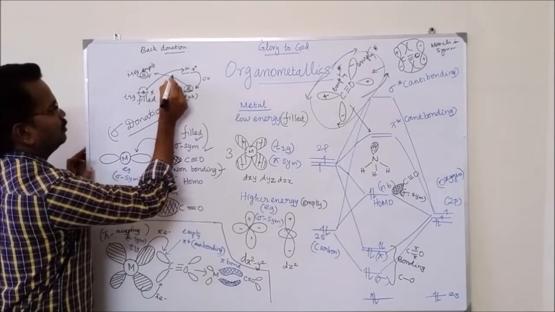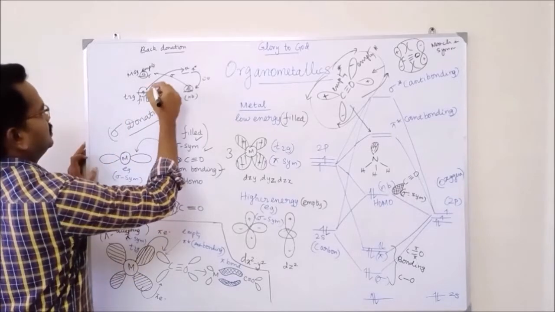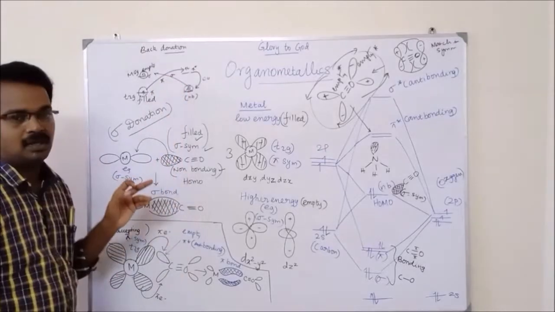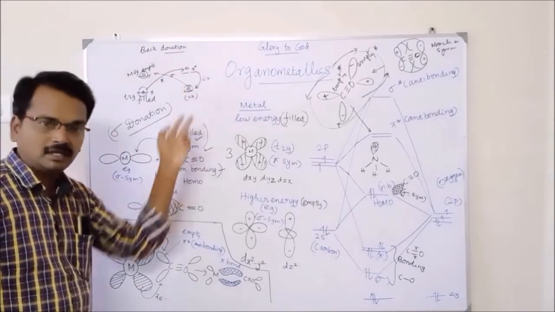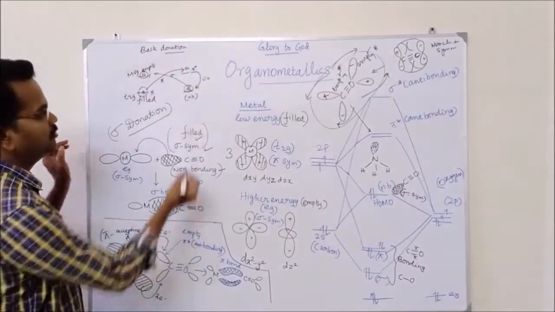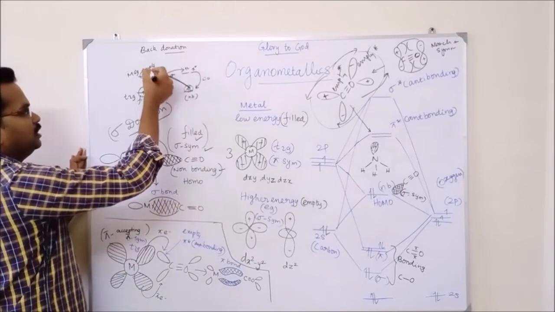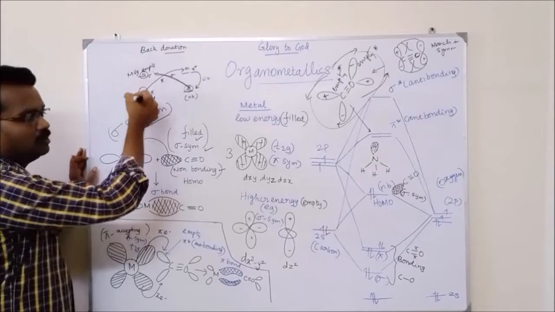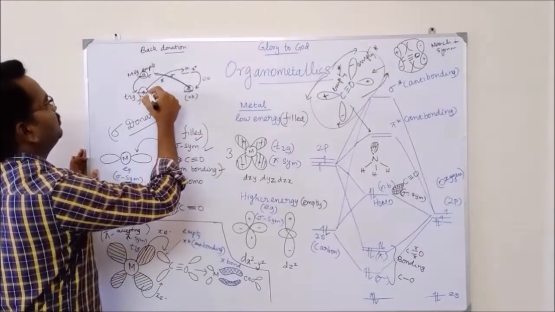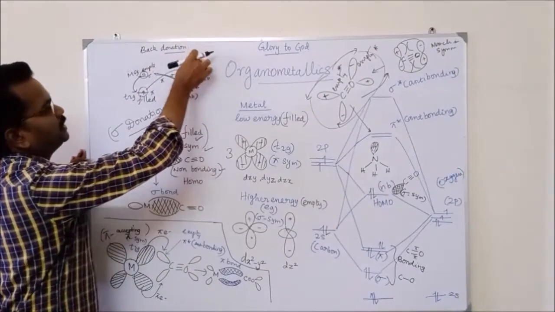Therefore one sigma bond arises, but that sigma bond is again strengthened by pi bond formation. Once pi bond formation results, it is again strengthened by sigma bond donation. After the sigma bond formation, the sigma bonded electrons immediately come down here, and the already present electrons are shifted towards the pi star orbitals.